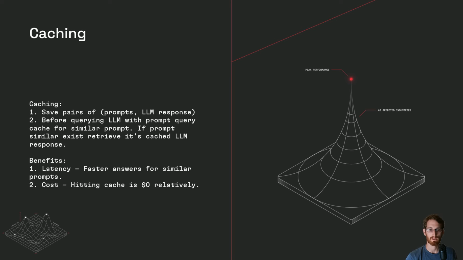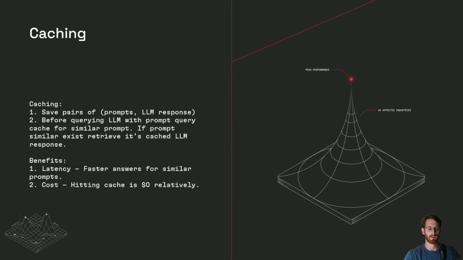There are two benefits to this. One is latency. You're going to get way faster answers for similar prompts. And cost, because again, you're not querying the LLM, and hitting a cache depends on where the cache is, but relatively speaking, it's almost zero.